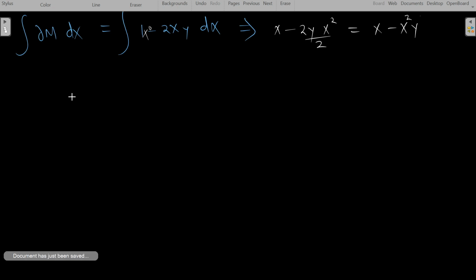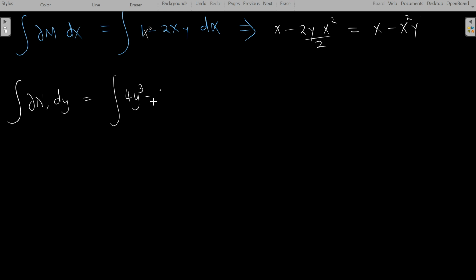Now let's perform the integral of delta N dy. So this is the integral of 4y cubed minus x squared dy, sorry, it should be dy. So I'm integrating this with respect to y, so every x term should be a constant.